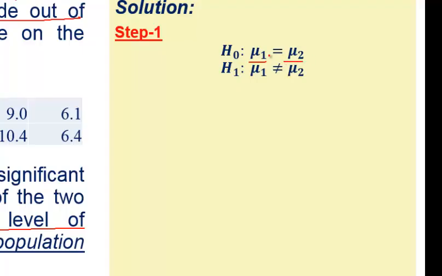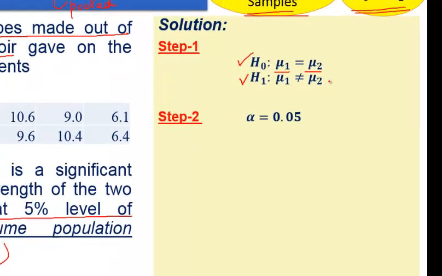So this null hypothesis states that there is no difference among the strength of ropes in both groups, whereas the alternate hypothesis says that there is significant difference among the strength of ropes made out of two different yarns. So let us go ahead with this example. Alpha as given, 5% means 0.05.